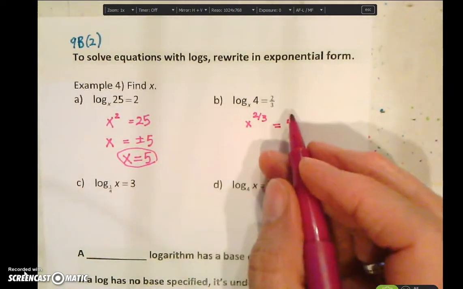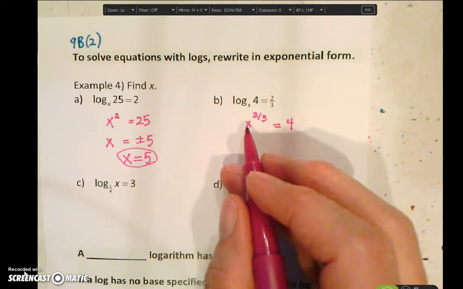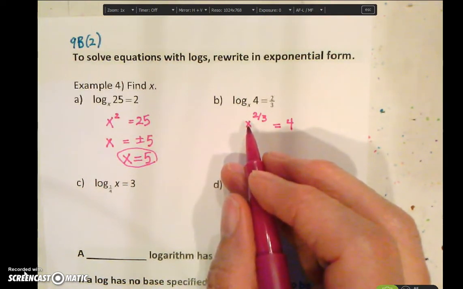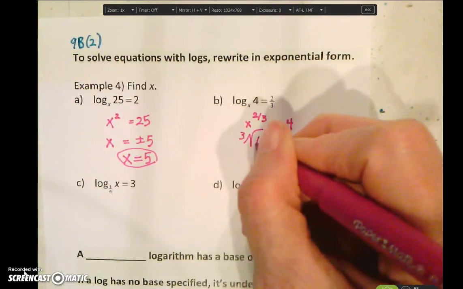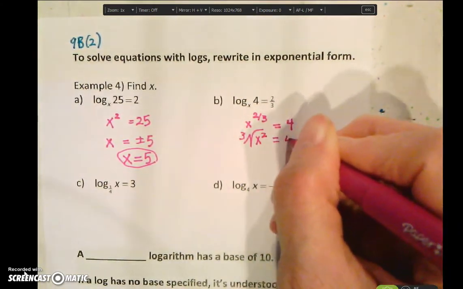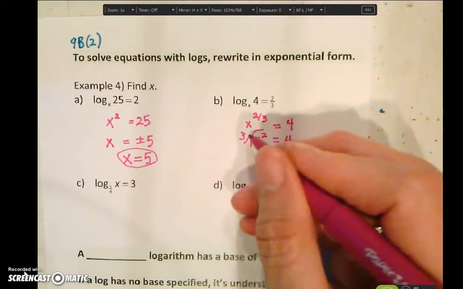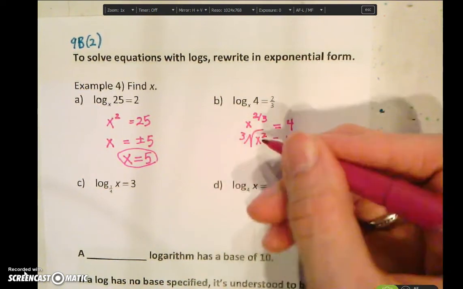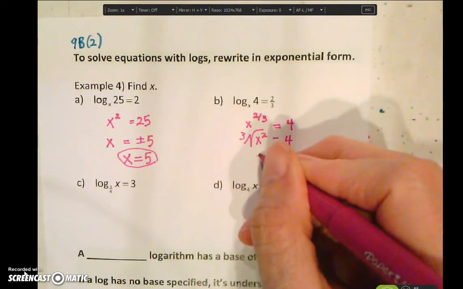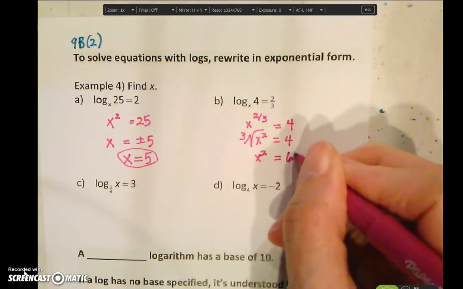So I need to decide what it is that's going to make that happen. So the first thing I'm going to do is, let's kind of separate this and think of it as the cube root of x squared is equal to 4. So let's raise both sides to the 3rd power and get x squared is going to be equal to 64.